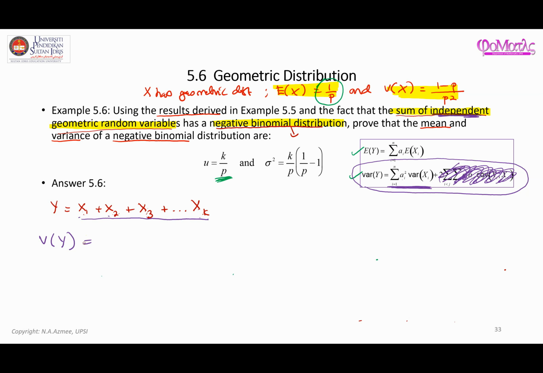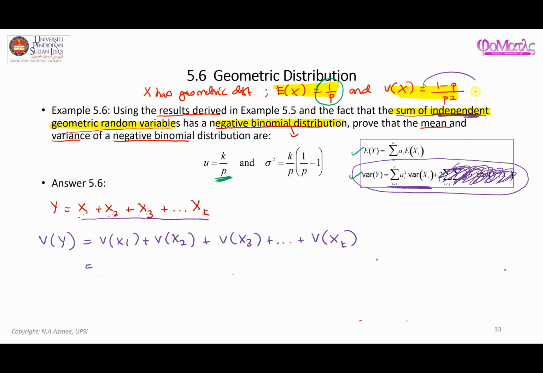Therefore, the variance of Y can be obtained by considering variance of X1 plus variance of X2 plus variance of X3 plus dot dot dot variance of the kth random variable.